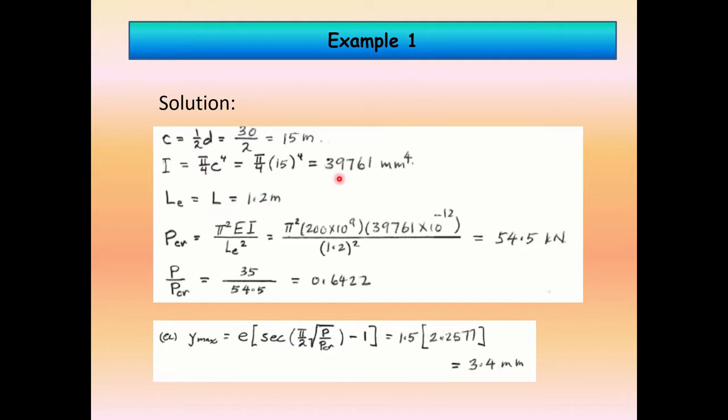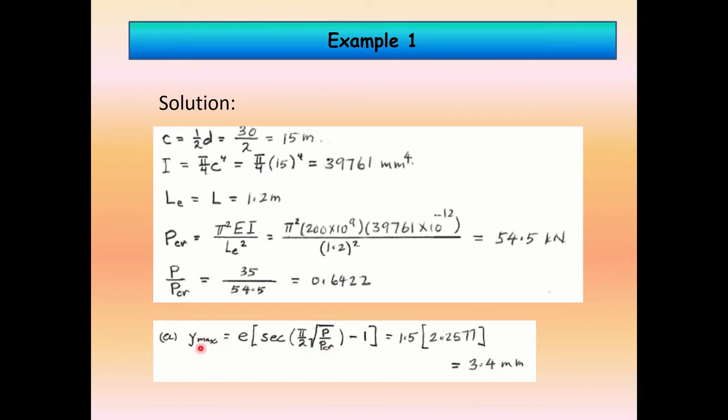Substitute the data to Euler formula. This is the P critical, 54.5 kilonewton. To determine the deflection at the midpoint, using this formula, e times bracket secant pi over 2 square root P over P critical bracket minus 1.